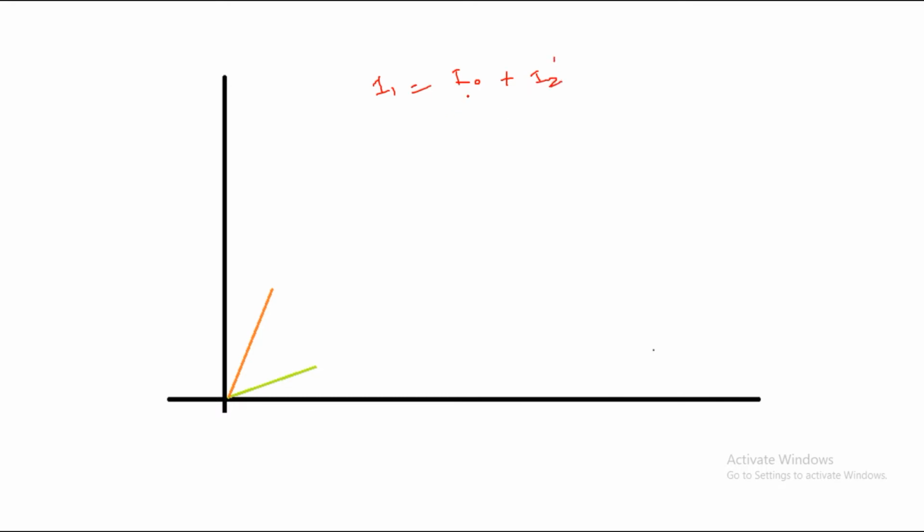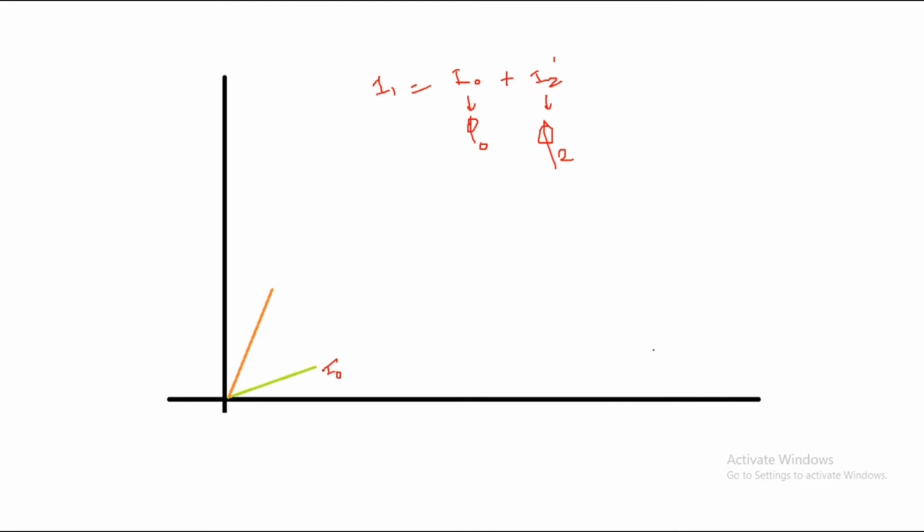And we know I0 is constant, so it is going to have some phase angle. We can say it has some phase angle of phi naught with the voltage phasor, and I2 dash is going to have some phase angle, say for example phi 2. So we can consider this green line as I0.